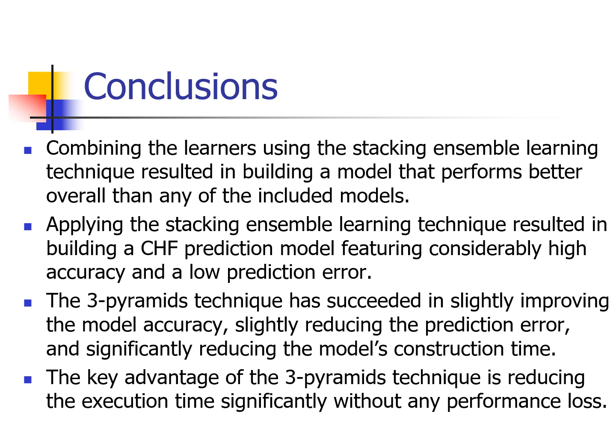So in conclusion, when we are applying the stacking ensemble learning, combining the results from different learners, we are building a model that performs better overall than any of the included models. I didn't report the results for the other 21 models, but they are already reported in the paper, so you can refer to that.